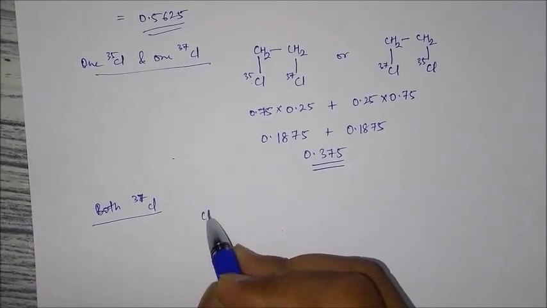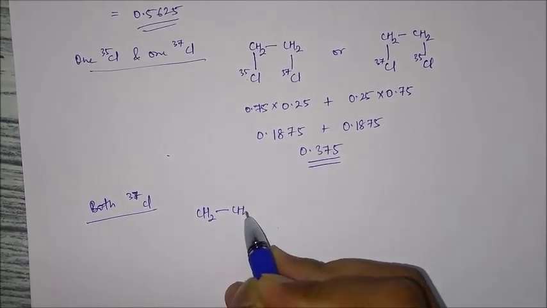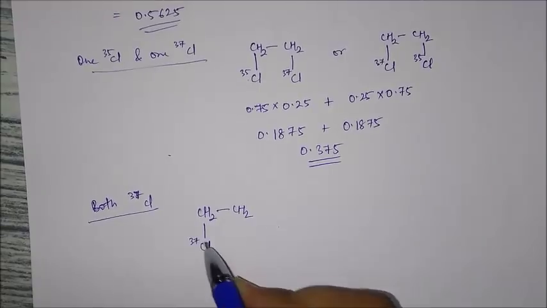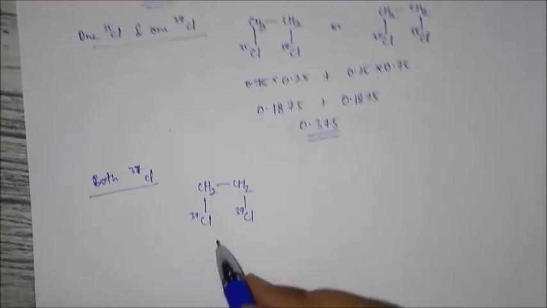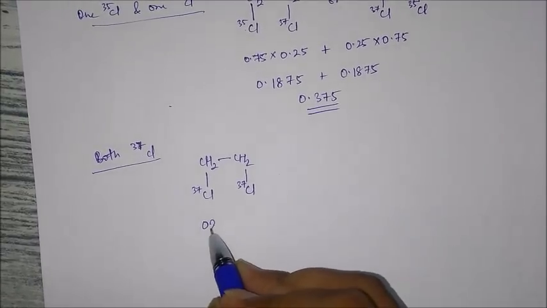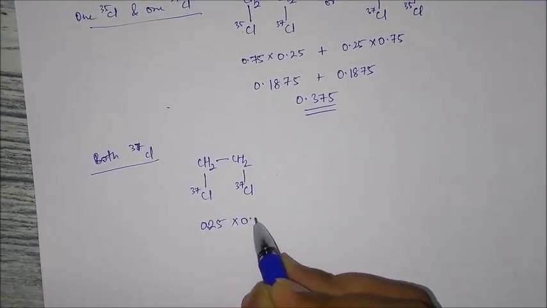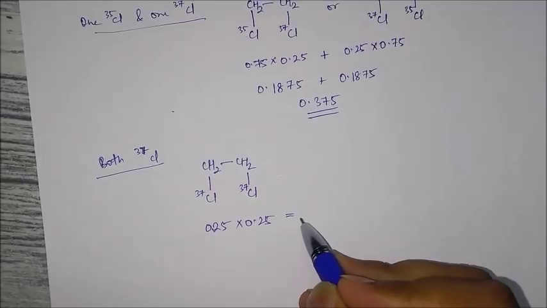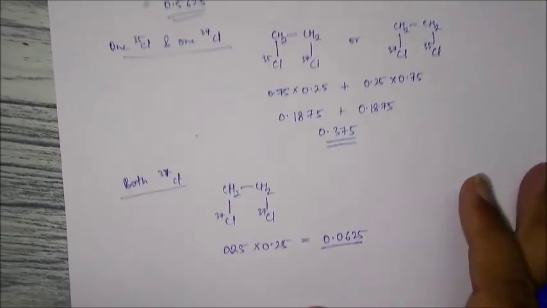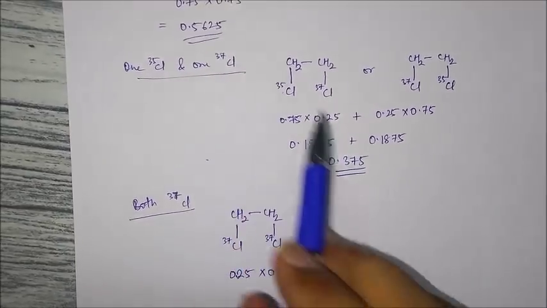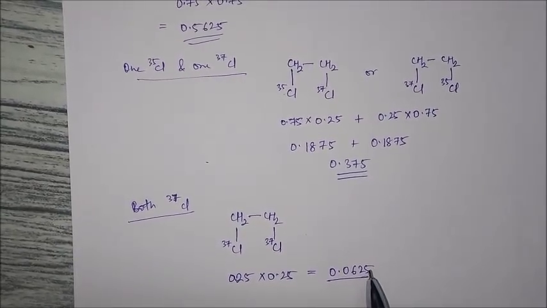This CH2 and this chlorine is also 37 and this chlorine is also 37. So we will multiply the relative abundance of them, 0.25 into 0.25, so you will get 0.0625. So like this you have got the three values. First one is this, second is this and third is this.